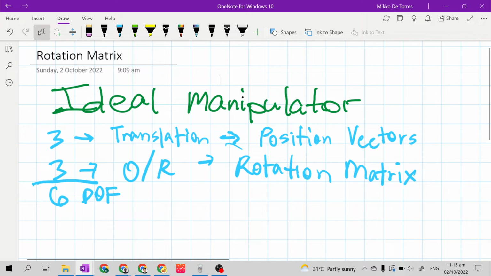The first 3 degrees of freedom are for translation or positioning of the end effector, and another 3 degrees of freedom are for the orientation or rotation of the mechanical manipulator.